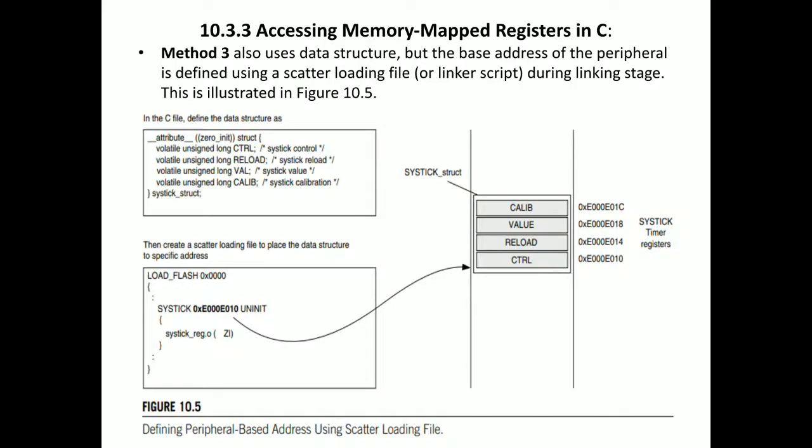The next method is the same as the second method: make the registers as data structures. Before pointing the defined data structure as a pointer, make the base address of the peripheral using a scatter loading file.